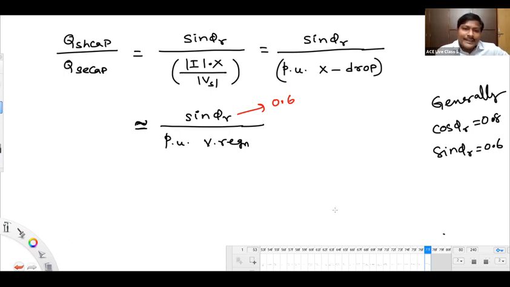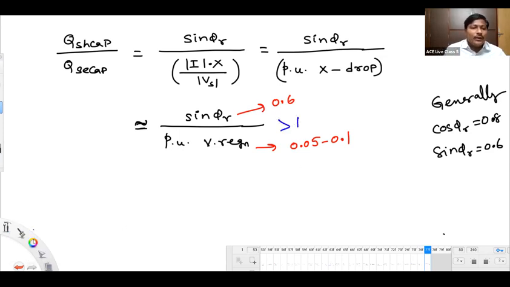How is the per unit voltage regulation range? Generally 0.05 to 0.1. So in that view, definitely this ratio will be greater than 1.